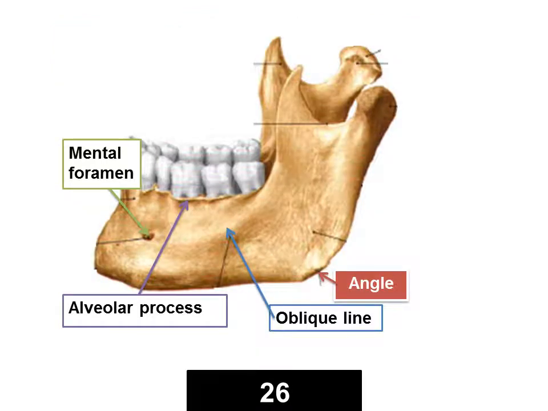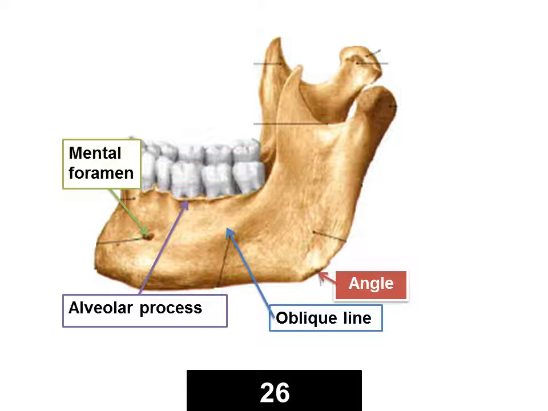Now the oblique line, indicated by the blue color arrow. As you see in the diagram, this line starts from the mental tubercle and runs upward and backward to become continuous with the anterior border of the ramus of the mandible.